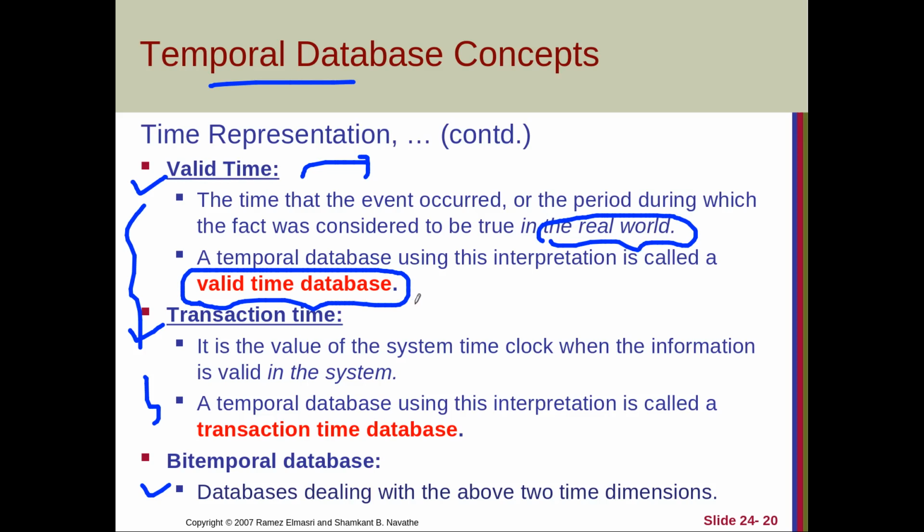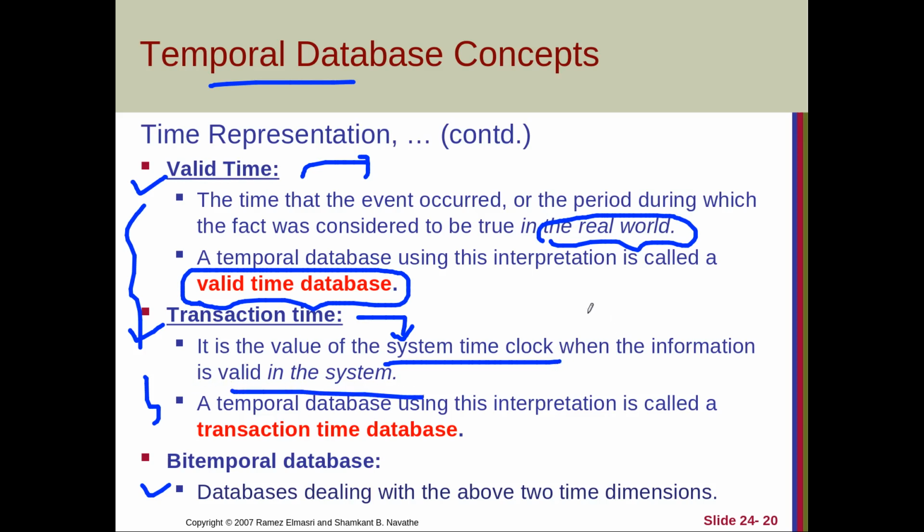Now look at the second type of time, called transaction time. There is a slight difference. It is the value of the system time clock. It is the time clock when the information is valid in the system.